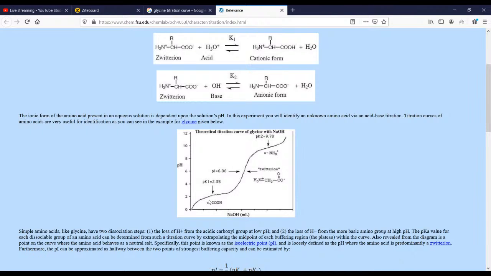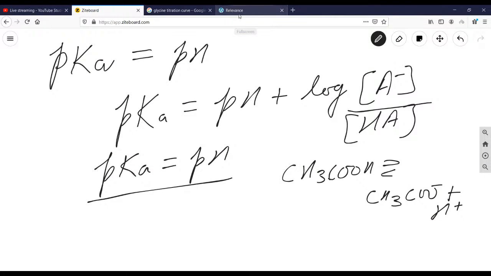One pKa is 2.35, that is pK1, the pKa of the acidic group, and this is the pKa of the basic group. Always remember, pKa of the acidic group and pKa of the basic group. So we have got two pKa's.